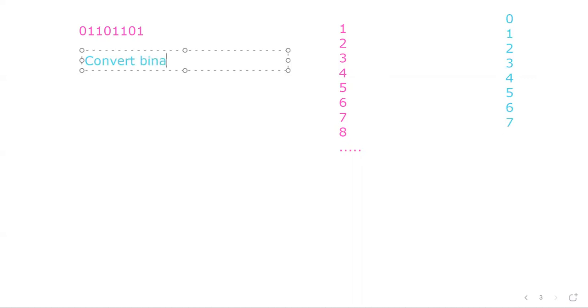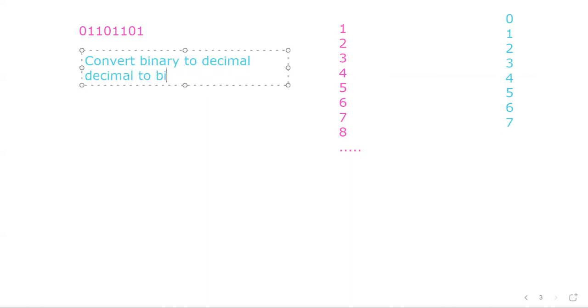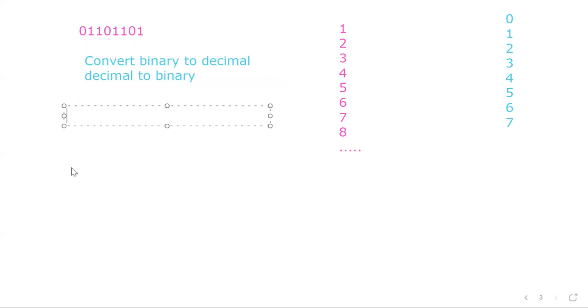We can also convert binary to decimal or decimal to binary. Let me start with this. First, we convert binary to decimal.